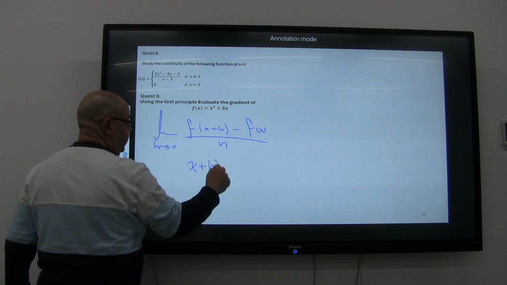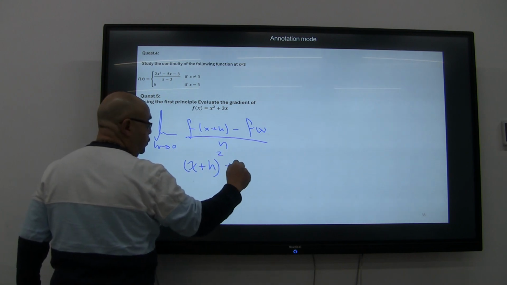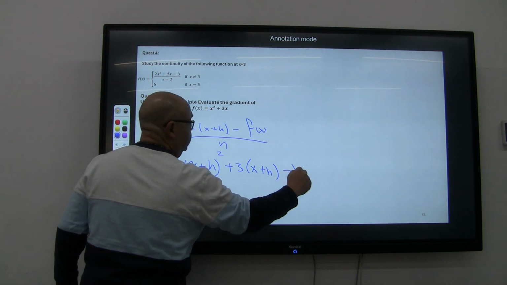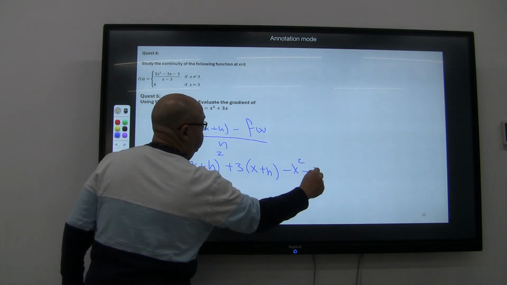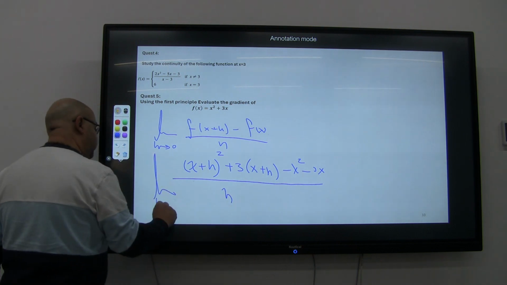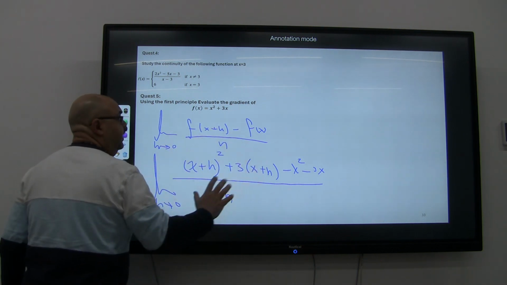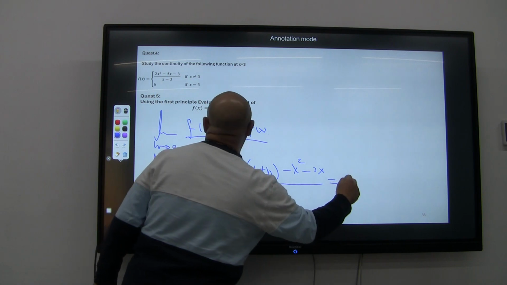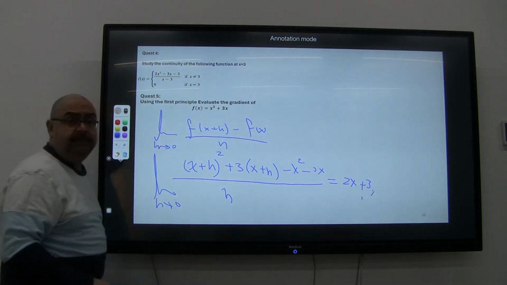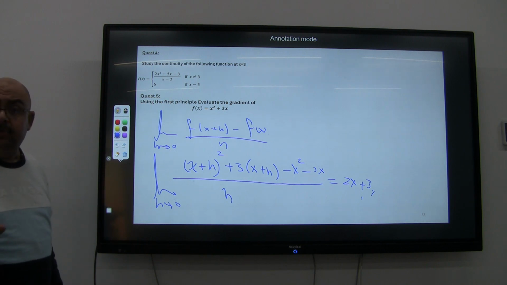So it's going to be x plus h to the power of 2 plus 3 times x plus h, minus x squared minus 3x, all of them divided by h, and you are taking the limit of h tends to 0. Simplify it, you will find the result, which is going to be 2x plus 3. That's the final result. These are the main steps that you will have to go through.